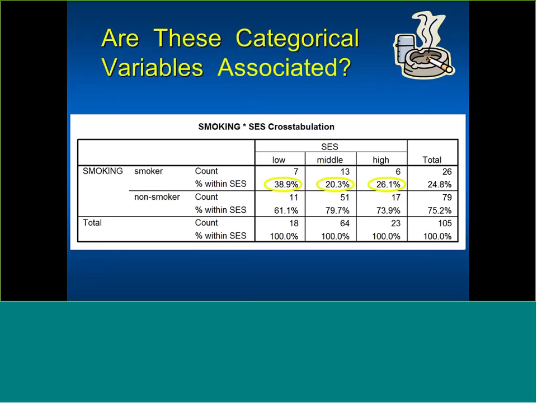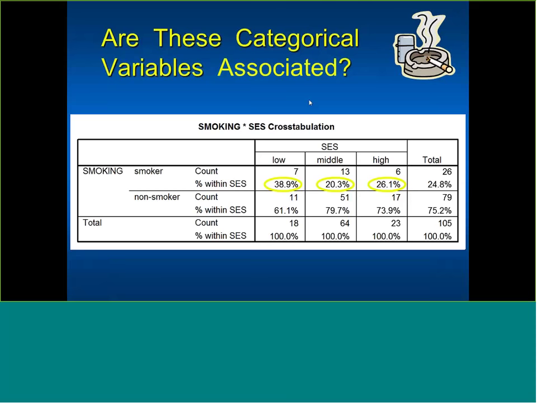Okay. Let's see. I can get that off the screen here. So what this is, again, is a little clipping from SPSS, statistical software. How you read this is you have 6 cells, and the first number in each cell is the number of people. So you have 7 people that are smokers in the low socioeconomic status.